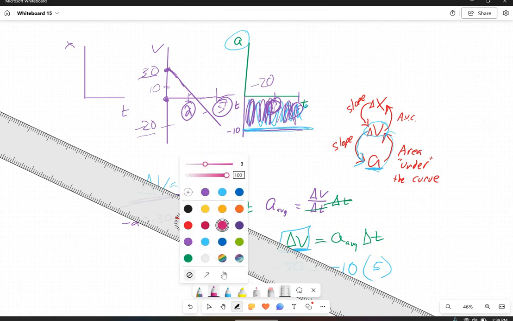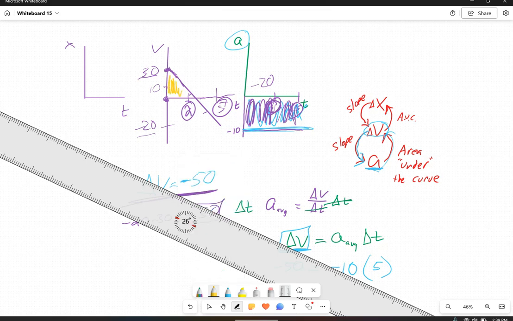Now, to get my displacement, I'm going to find the area under the curve. For the first 2 seconds, I really made this hard on myself. 20 meters. And then I'm also going to add this little piece here, which is 10 times 2.